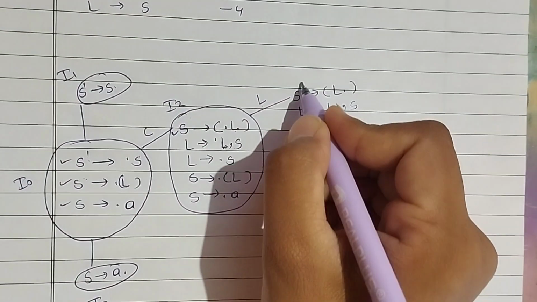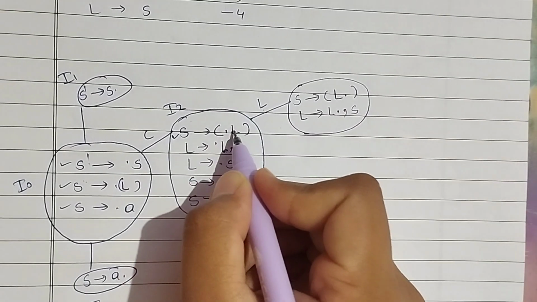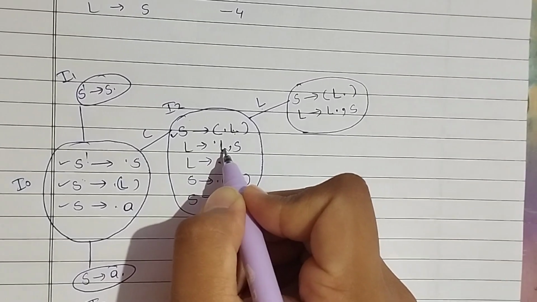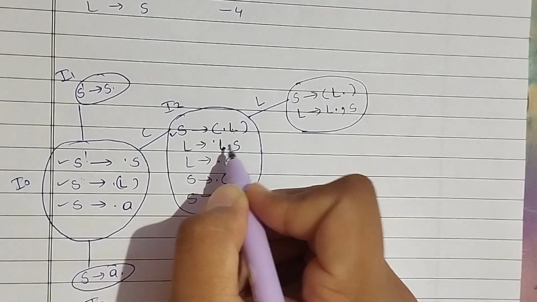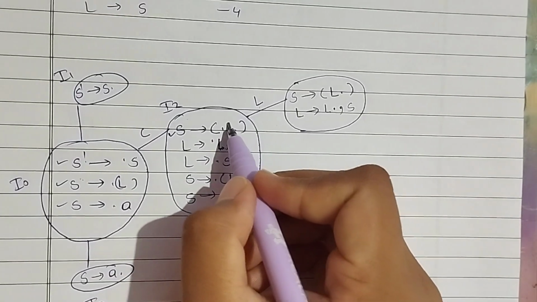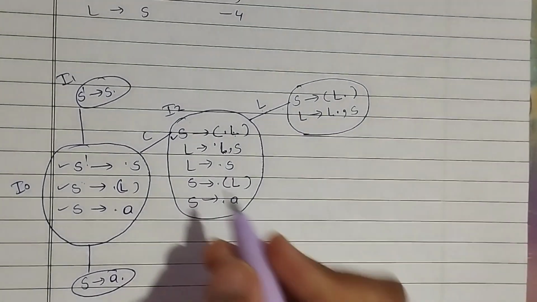That's why we write only one state for both grammars, because both change with respect to L. After the dot, whichever character is present, we change this second state with respect to that character.